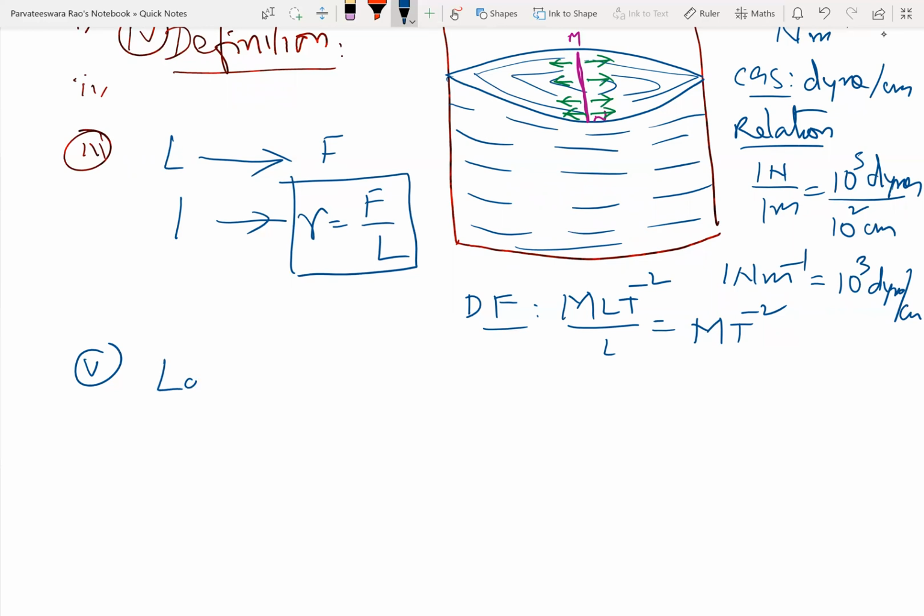This theory was explained by Laplace, and it is called the molecular theory of surface tension. Make a small reference of it: Laplace explained the cause of surface tension.